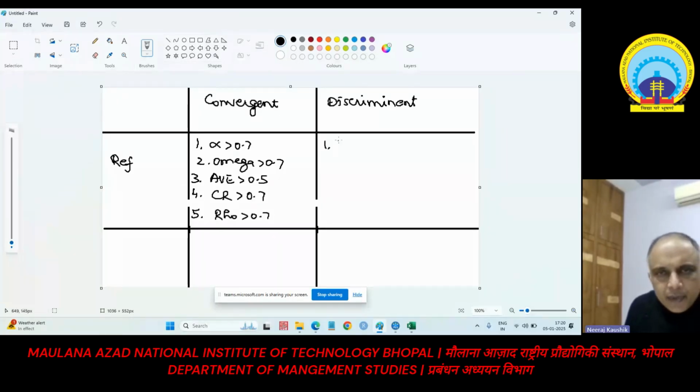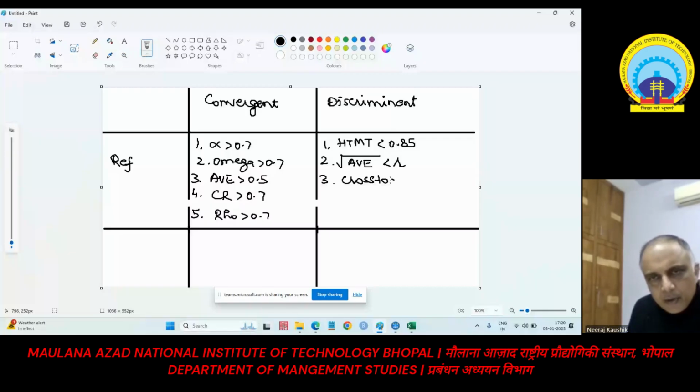Discriminant validity: HTMT should be less than 0.85. Number 2, square root of AVE is greater than R. And number 3, the answer you will find in the cross-loading. What about the formative?